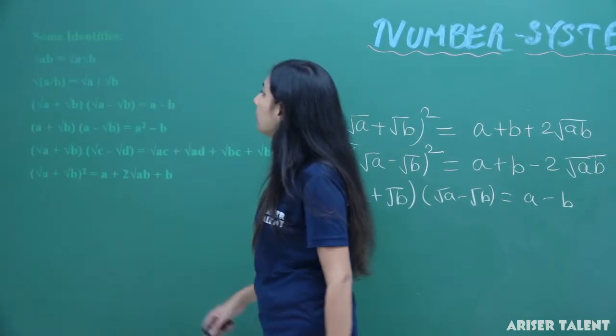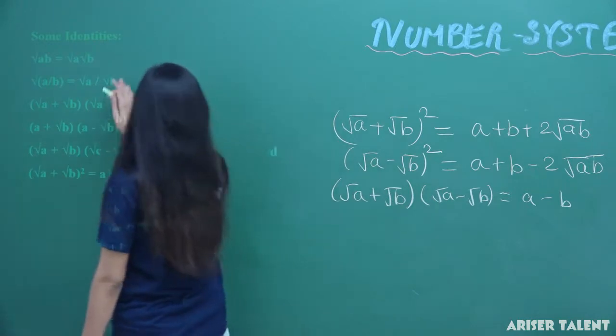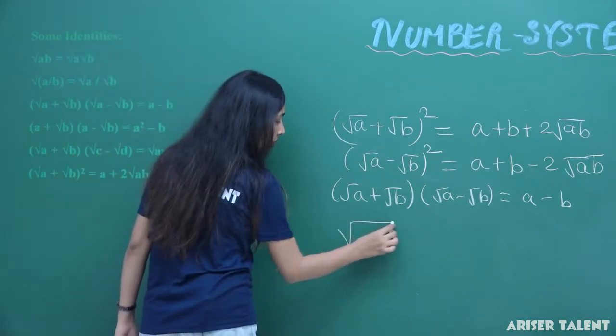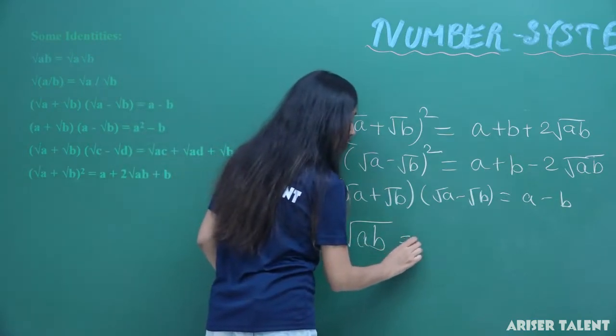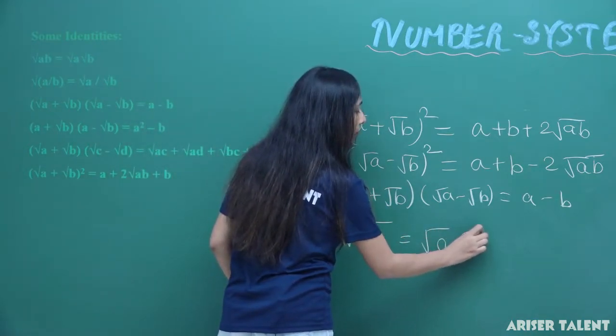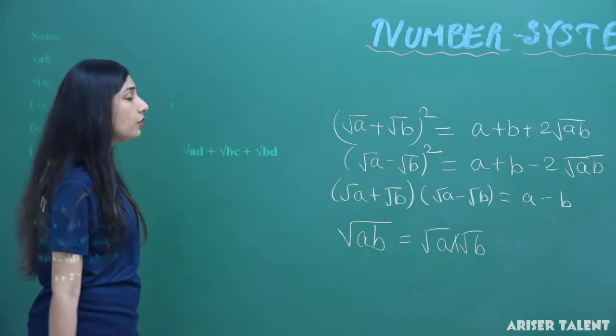So, here it is. Root ab: how will you solve that? Root a multiplied by root b. You can write it with a multiply sign or a dot, or you can just write root a root b.